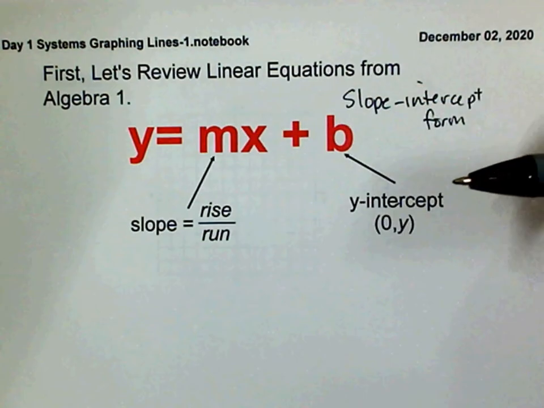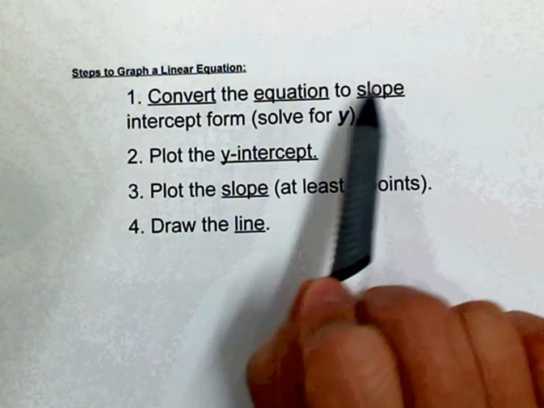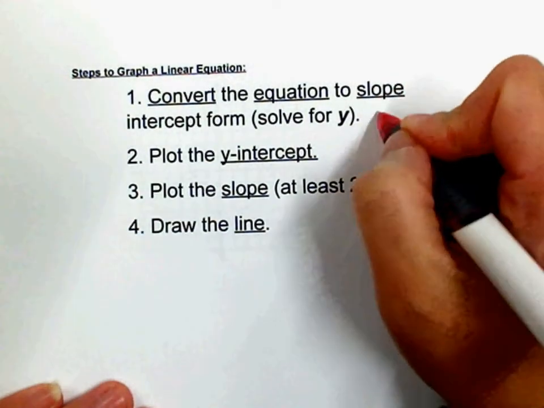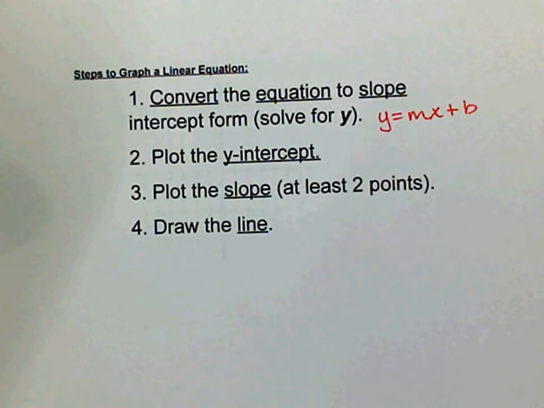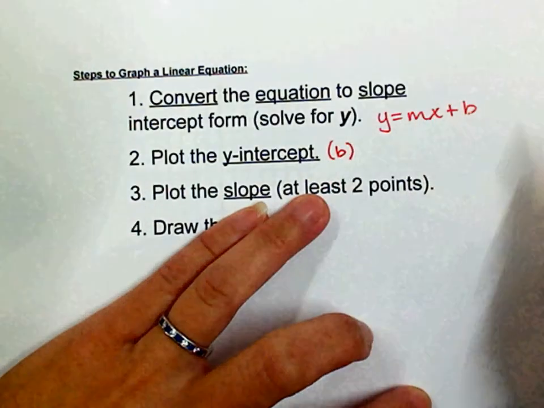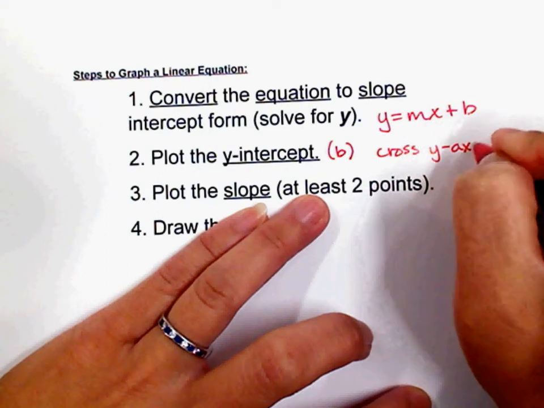Okay? All right, so here are your steps. Number 1, convert the equation to slope-intercept form. So it looks like this. That's your slope-intercept form. Plot the y-intercept, which is your letter b. Okay? This is where you cross the y-axis.